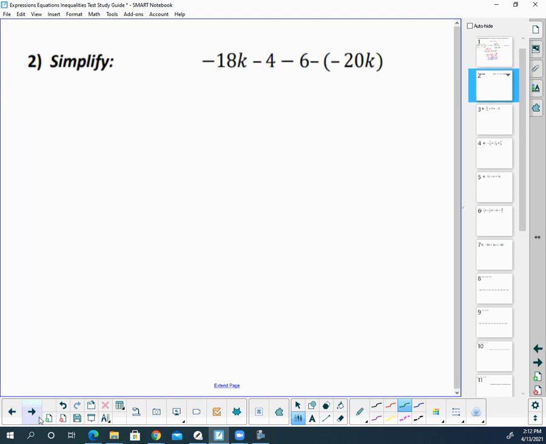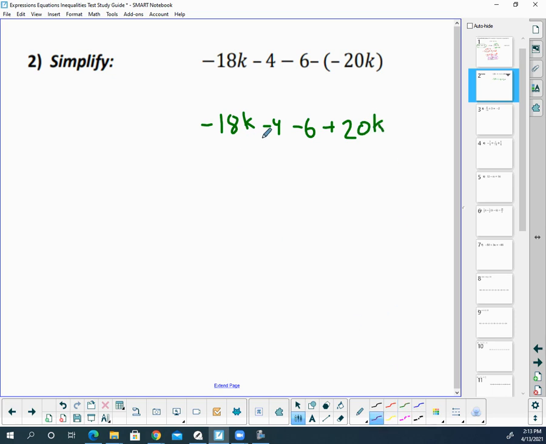Let's move on to question number 2. It says simplify this expression. Well, I see a double negative here that I want to rewrite. So this is -18k minus 4 minus 6 minus -20k, which is positive 20k.